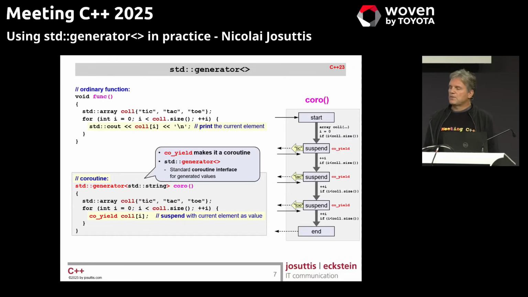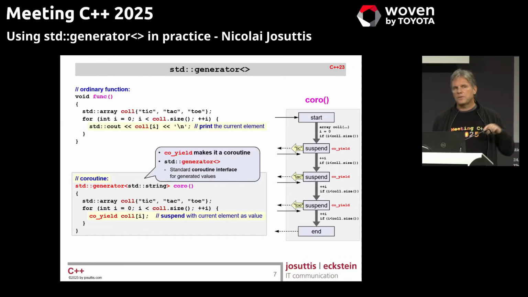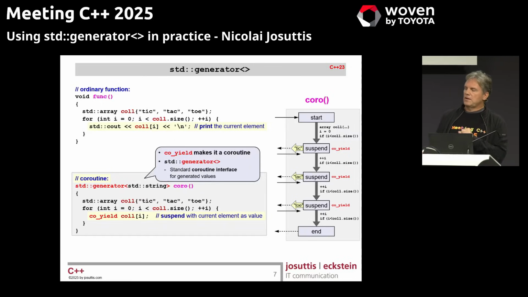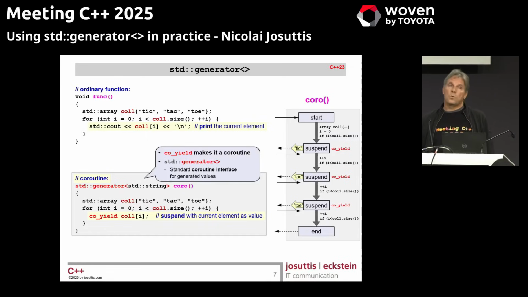Please note that the type of the things we yield here is not the type we yield inside the coroutine, because it's an array of string literals. So the std::array internally holds const char pointers, and these are converted to what is really yielded to the outside, to the caller, which is an std::string. So implicit conversion is supported. Okay, and that's it. That's your coroutine.